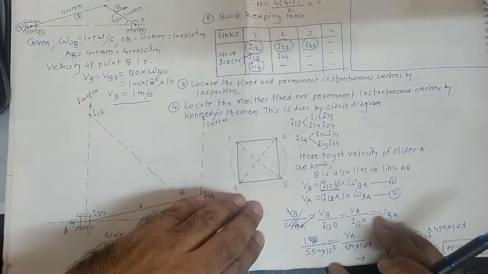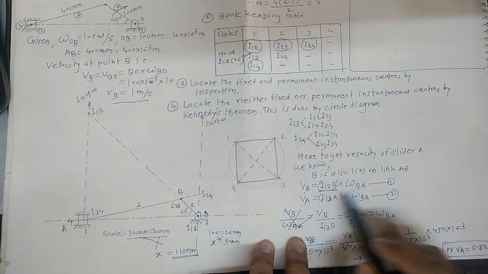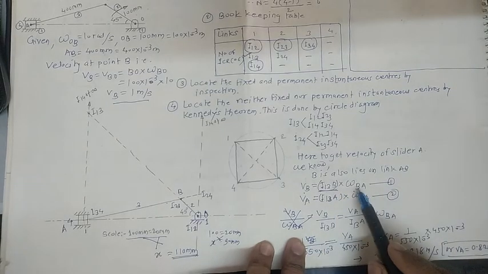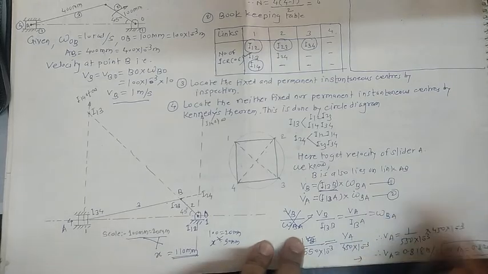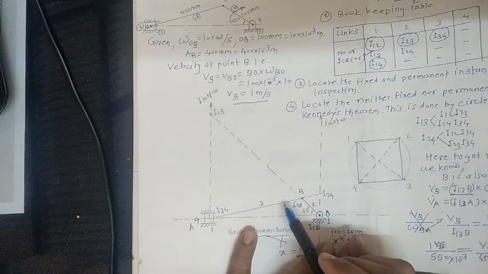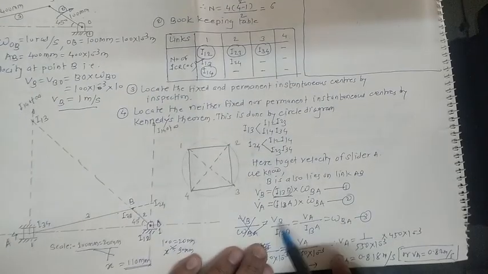In the previous step, if you just see here, VB equals I13B multiplied by omega AB. If you look towards this relation, here the angular velocity of the connecting rod, that is omega AB, remains constant, that will not change. Okay, means here we can pick up this relation number 3 and substitute the values of VB and I13B.